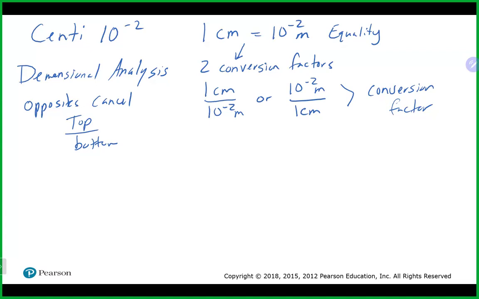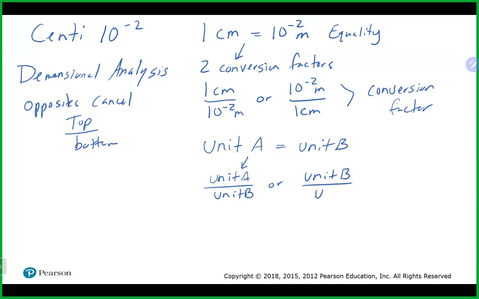So for example, if we just went generically here, if I had an equality where unit A equals unit B, and I could write two conversion factors for that, where I put unit A over unit B, or unit B over unit A, right? And again, our conversion factors are really just our fractions, one unit up on top, the other on the bottom, and then flip it basically.